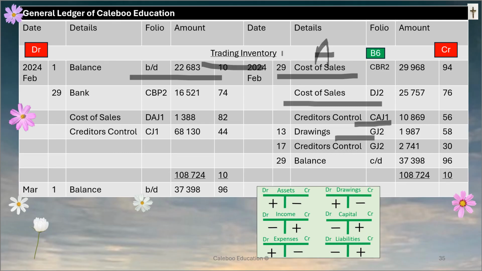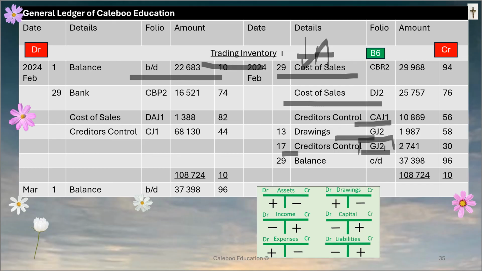And creditors control. I'm not 100% sure what that transaction was there, but it resulted in a decrease in the value of stock, and it was journalized. And if we wanted to know more about that transaction, we'd need to go back to the journal voucher, the source document, or general journal number 2.